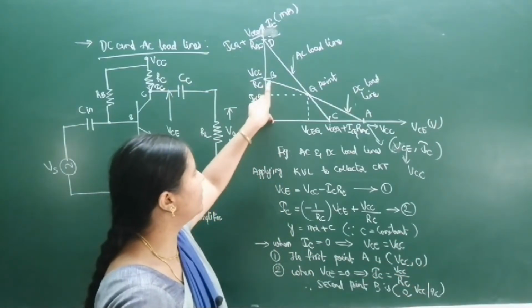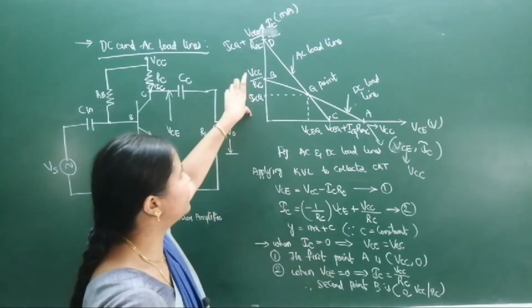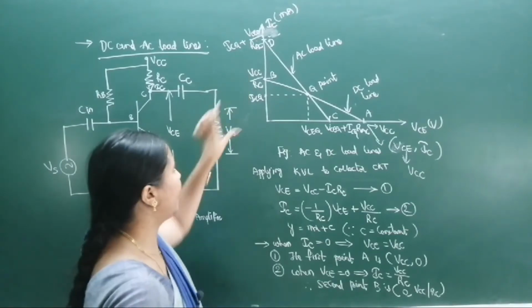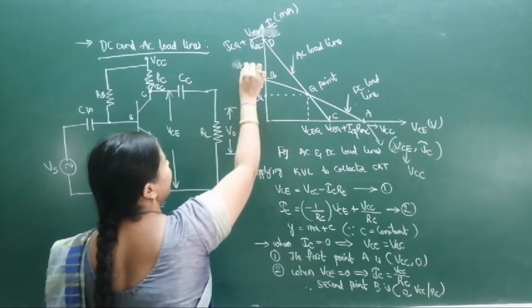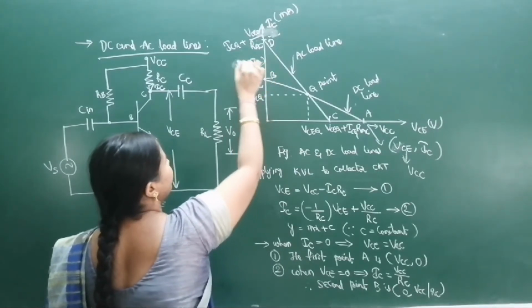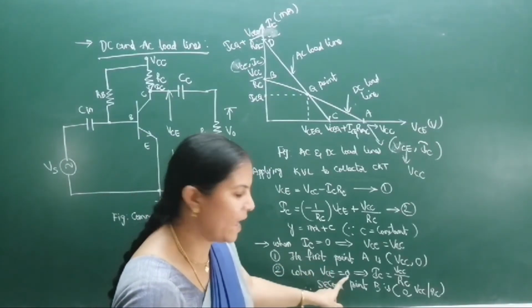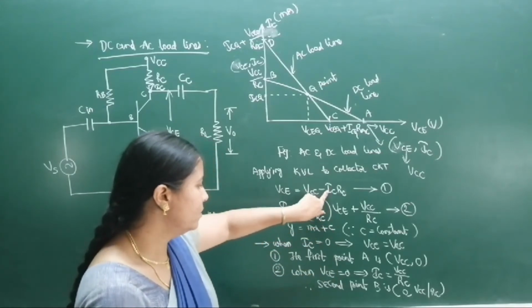So in order to evaluate the point B, now we have to place VCE equal to 0 on the y-axis. Actually, what is the point? On the y-axis also it is VCE comma IC. Now if you substitute this VCE equal to 0 in equation 1, what will happen?